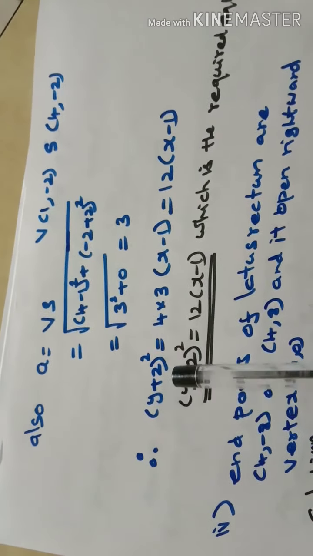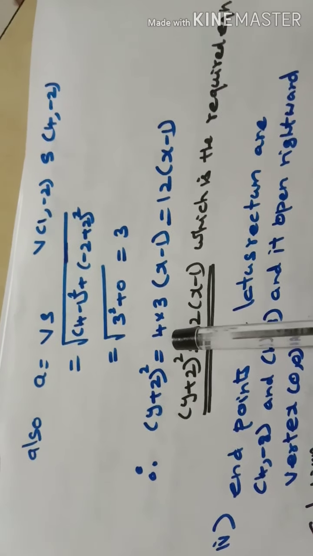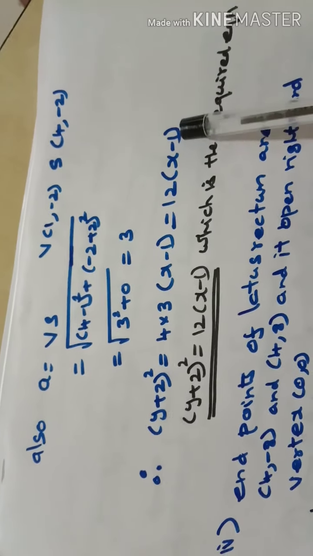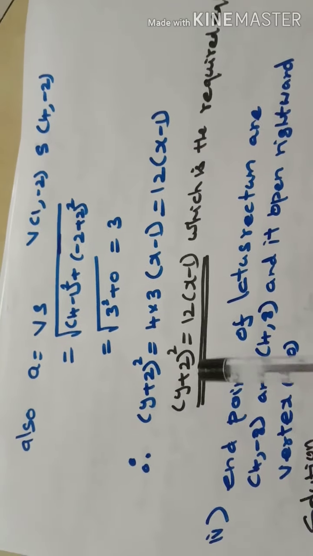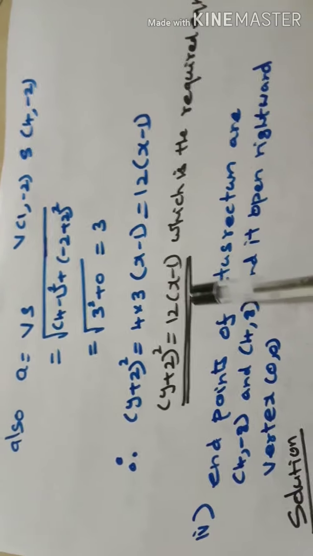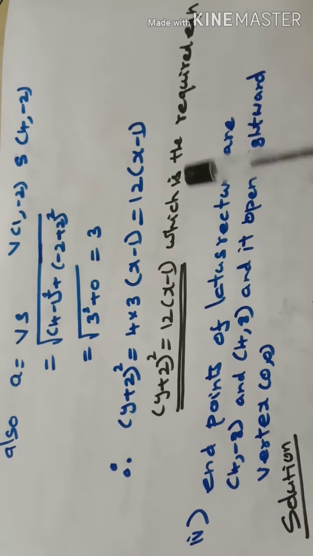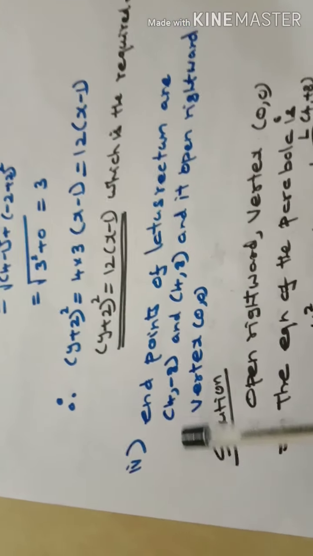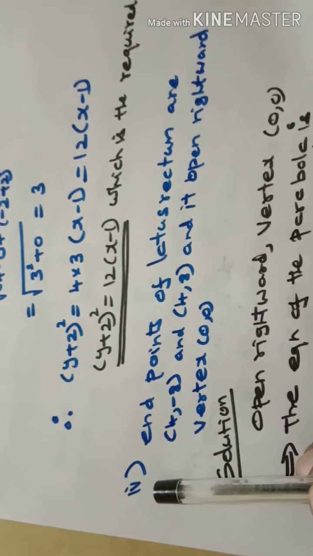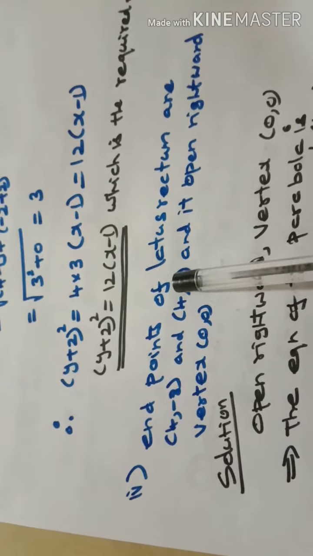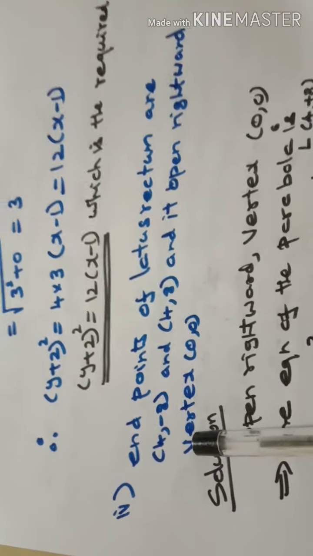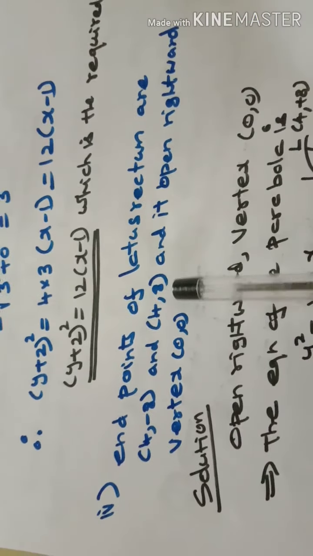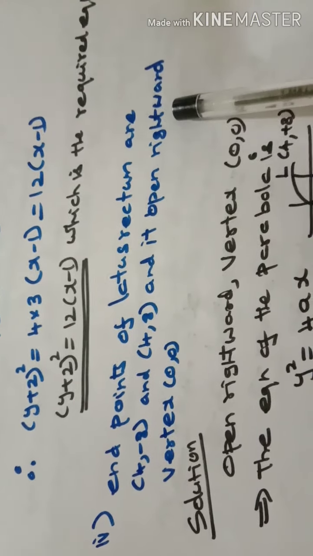So (y + 2) whole square equal to 4 into 3 into (x - 1), that is 12 into (x - 1). So (y + 2) whole square equal to 12(x - 1), which is the required equation. Then fourth problem in this exercise: end points of latus rectum are (4, -8) and (4, 8), and it is open rightward.